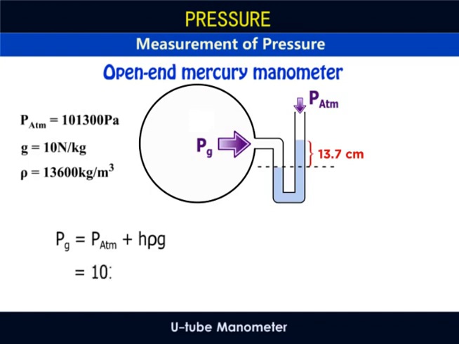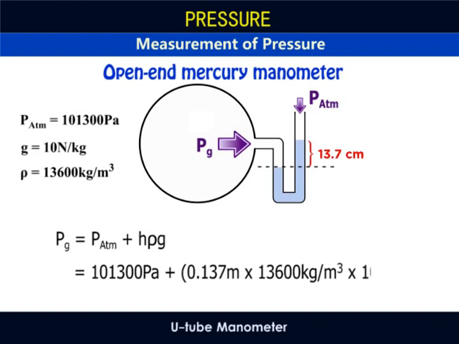That is 101,300 Pascal plus 0.137 meters times 13,600 kilograms per cubic meter times 10 newtons per kilogram. That gives us 119,332 Pascal.